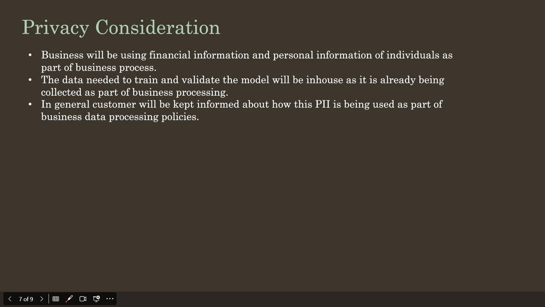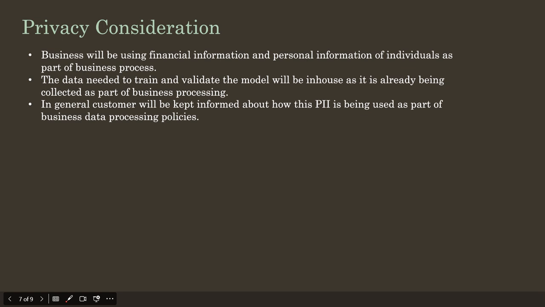So another human factor is the privacy consideration that we'll be considering in this model building project. Business will be using this financial information and the personal information, the PI information of the individual as part of a business process. And that is the current process without having a model in the picture.